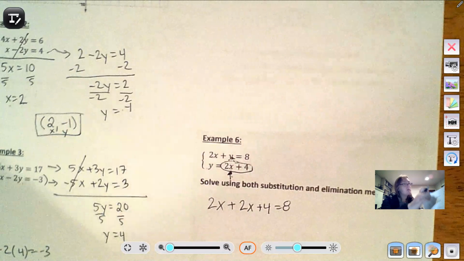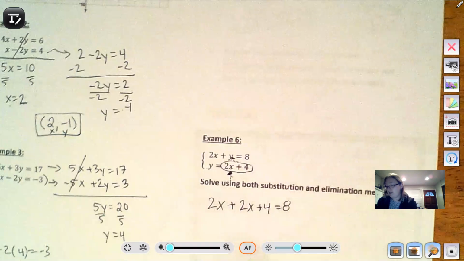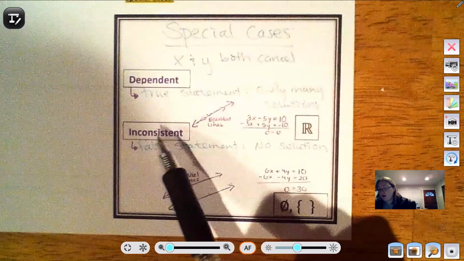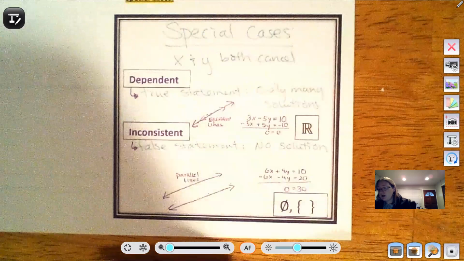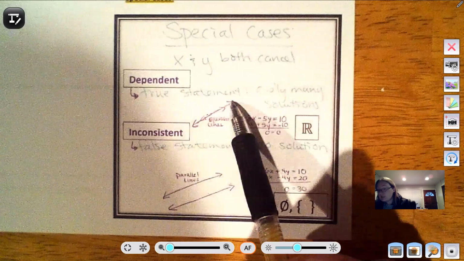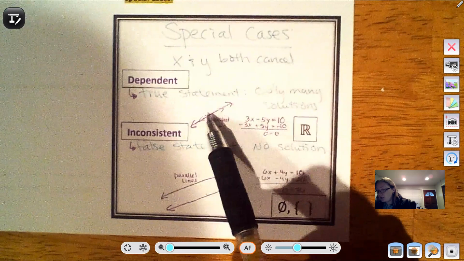And then last is the idea that there might be special cases, and I kind of have an example pre-worked out here. You might have a dependent or inconsistent system. Basically, it could be that your two lines are really equivalent, and so there's an infinite number of points of intersection.